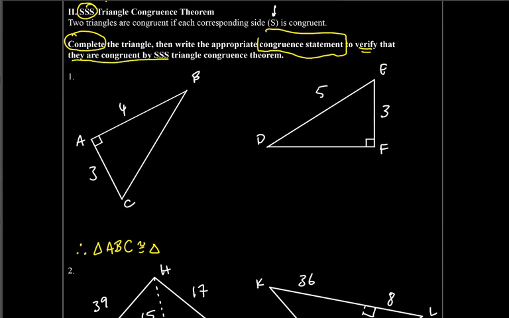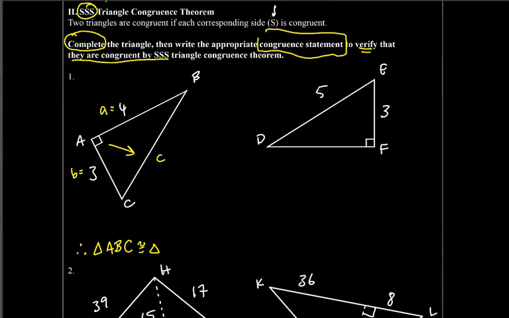So complete the triangle. Let's figure out what's missing first. There's that, there's that. So how are we going to figure this out? Our favorite thing, the Pythagorean theorem. So this is C. We got A, we got B. Doesn't matter, again, what A or B is.